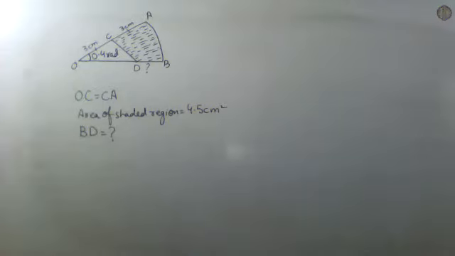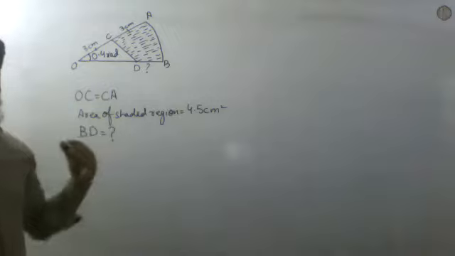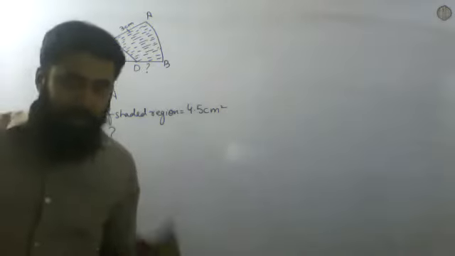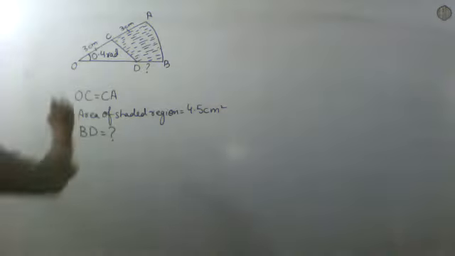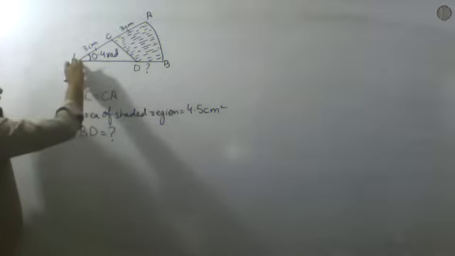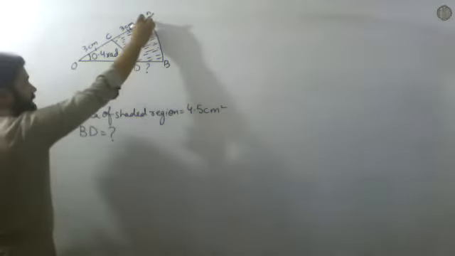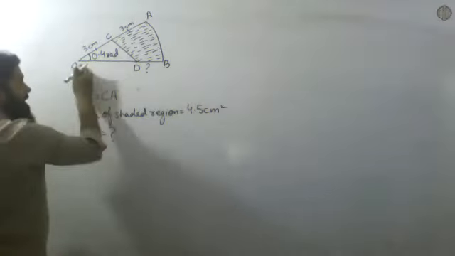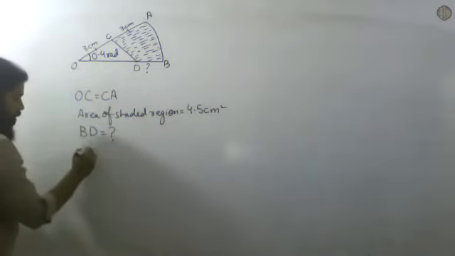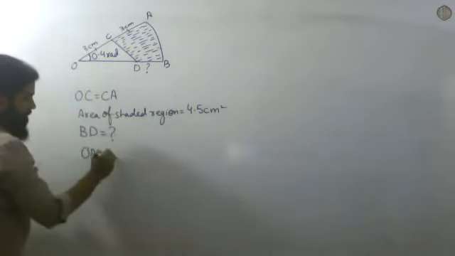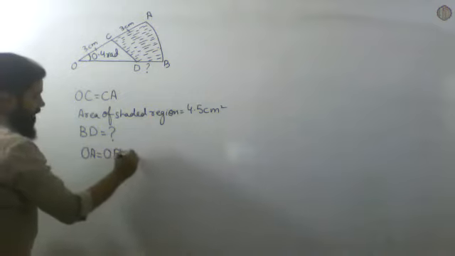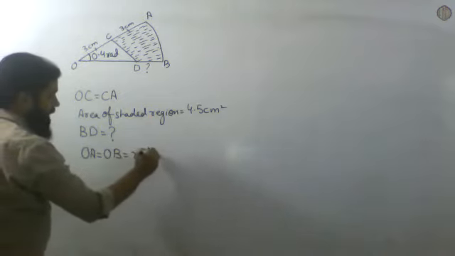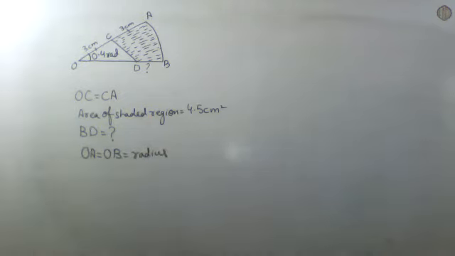Okay. Now, as they have said, it's a sector. It means that from the center to the circumference, OA will be equal to OB because both of them are radius.